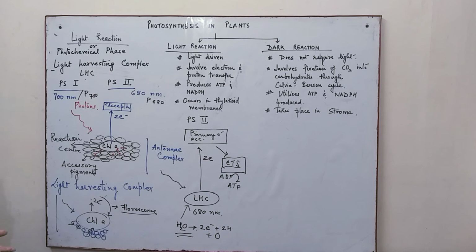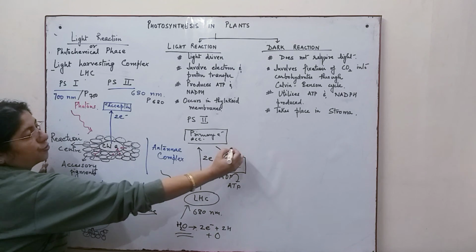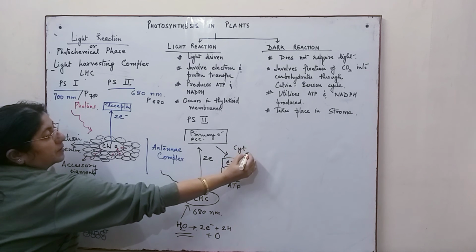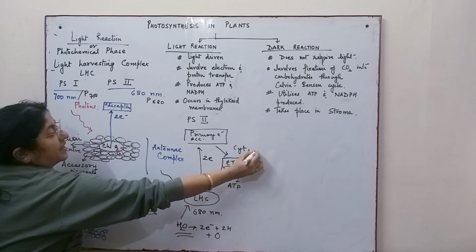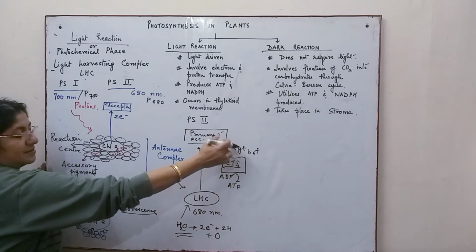which are taken up by the ETS, that is through the pigment cytochrome B6F.